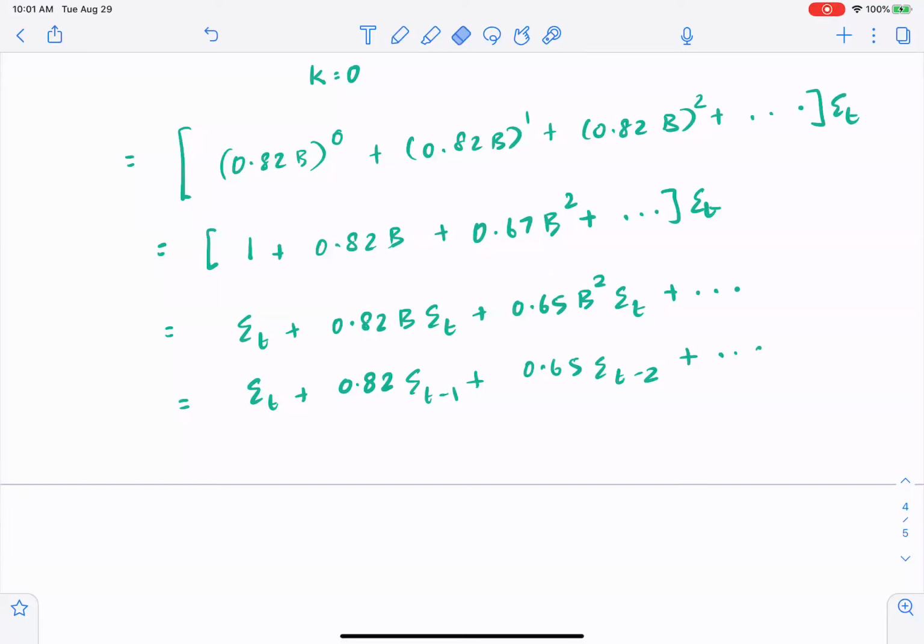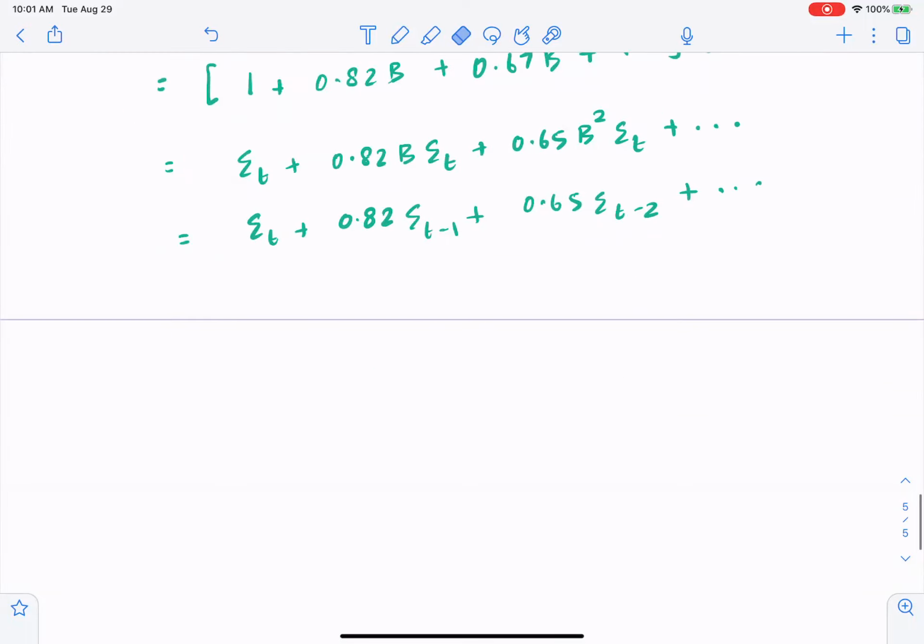So the right-hand side is nothing but a moving average. Any guesses on what the order is? Omar says P. Here's a question.